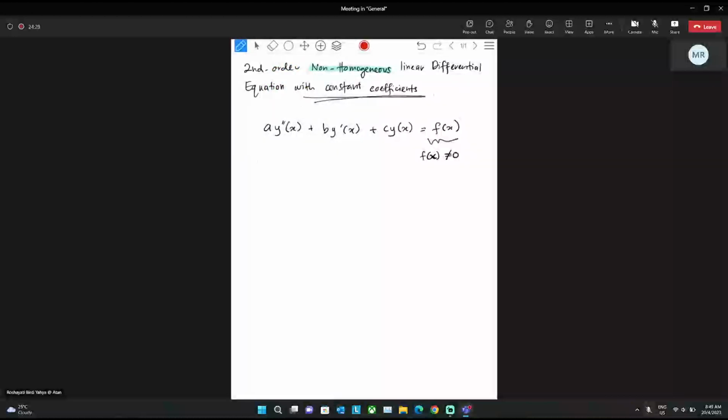So, 2 methods to solve. The first one, by using undetermined coefficient, and then the second one using variation of parameter.